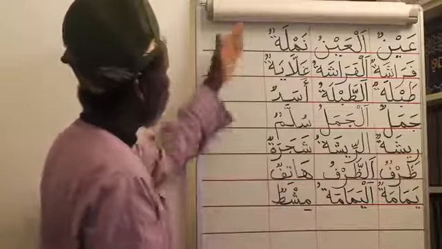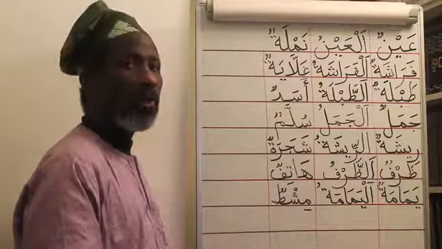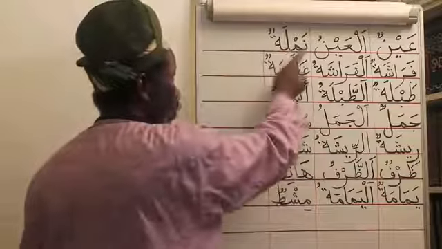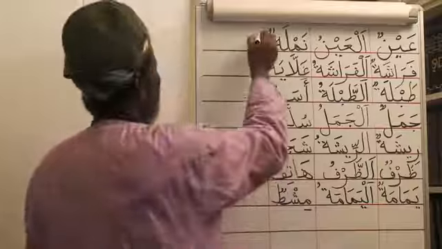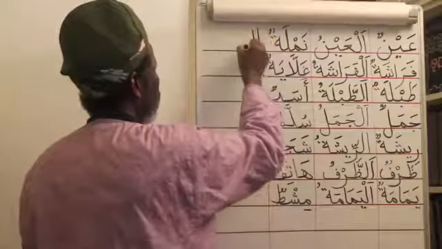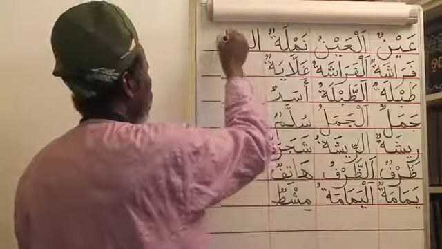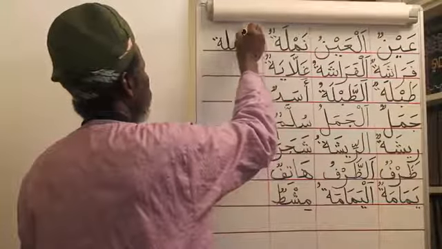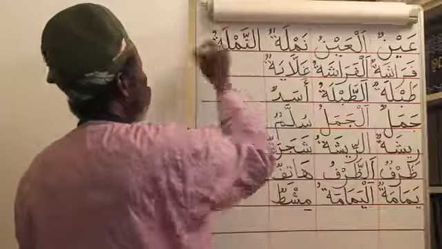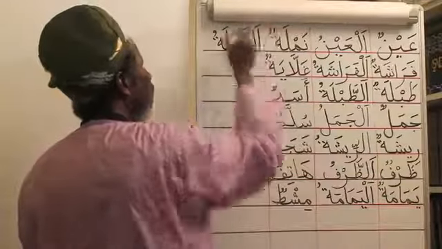Next column here we have Namlatun to start with. Noon is a sun letter. So we say An-Namlatu, with shadda.